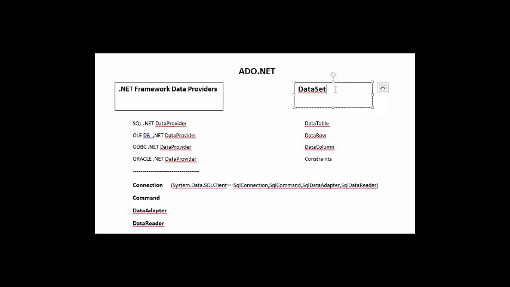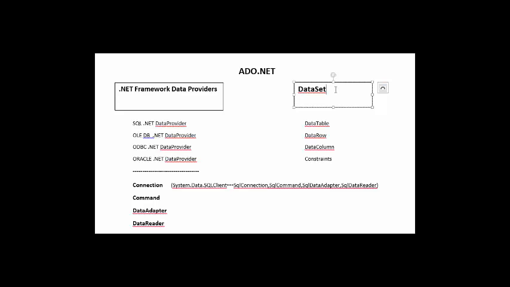It is like a table on the client side. Then DataRow. So a DataTable is with data rows, rows of information and columns of information. That is DataRow and DataColumn. So to access data by row, we use the DataRow class, and to access information by column, the DataColumn class is there. And also there are different constraints like primary key constraints, foreign key constraints, or unique constraints, etc.